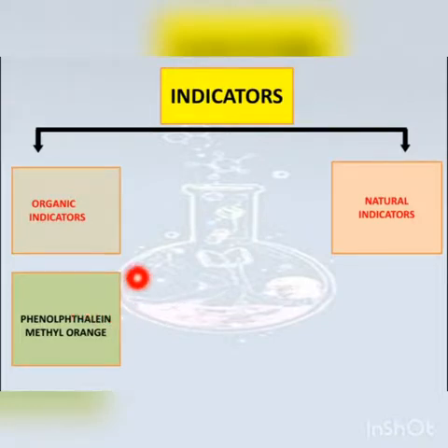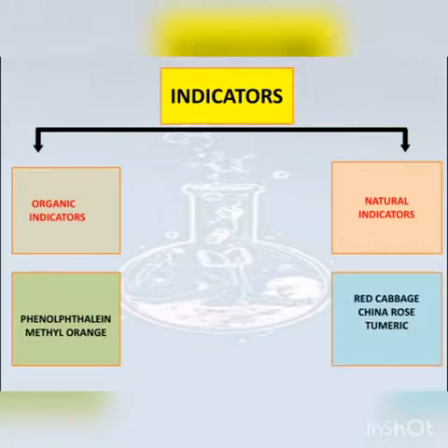Both of these change their colors in acidic and basic mediums. Next is natural indicators. In natural indicators, we have red cabbage, China rose and turmeric. These three are found in nature and are considered natural indicators.